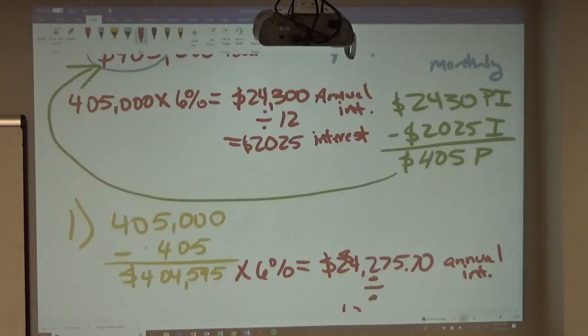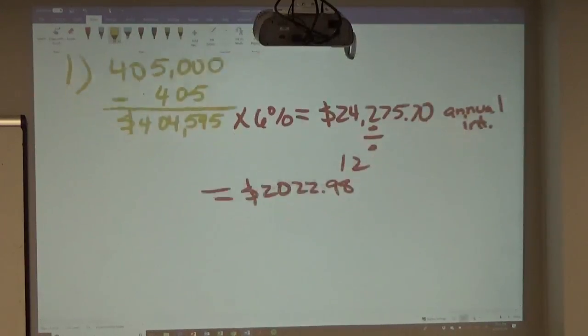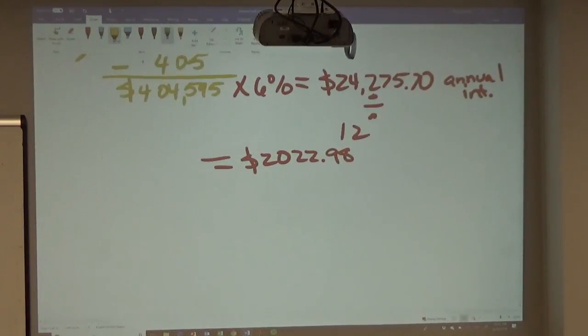It's still the same $2,430. We take our $2,430 monthly PI payment and pay the interest first.